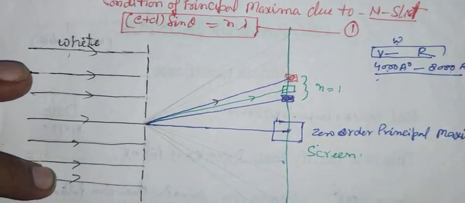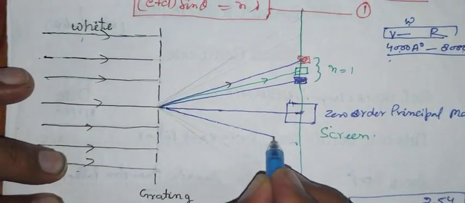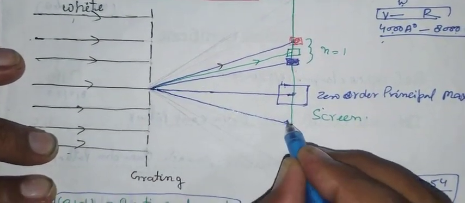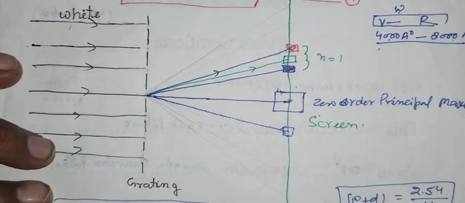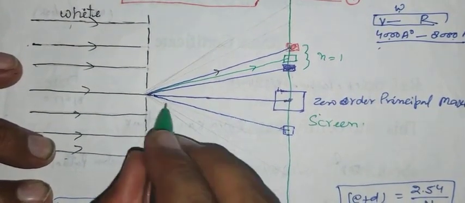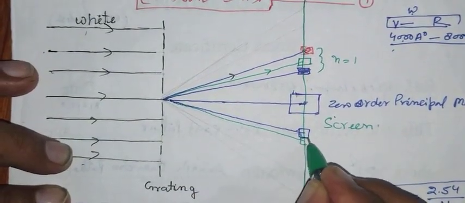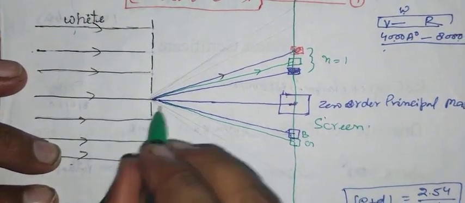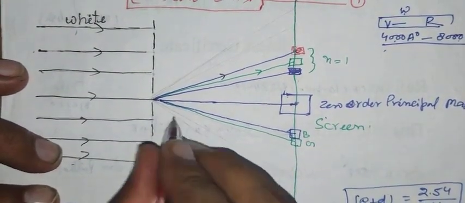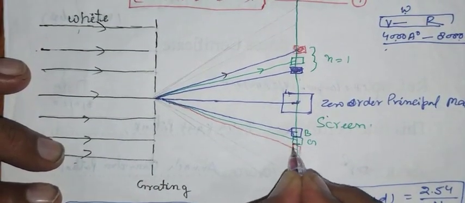Let us see once more, with the violet, thereafter another green in between, violet, green, and ultimately the last end color is the red color band.